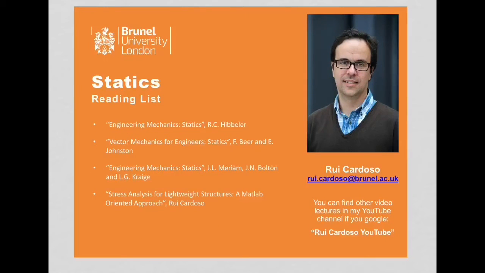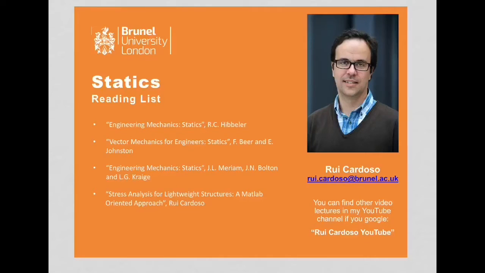I would like also to say that all the examples I will be doing in these lectures and tutorials, not all of them, but many of them, were taken from these recommended books I have listed here in this slide. Engineering Mechanics Statics from Hibbeler, Vector Mechanics for Engineers, Statics from Beer and Johnston, Engineering Mechanics Statics from Meriam, Bolton and Craig, and also my own book, Stress Analysis for Lightweight Structures, a MATLAB-oriented approach.